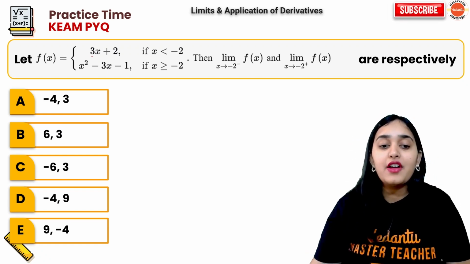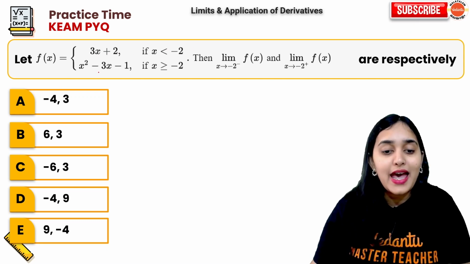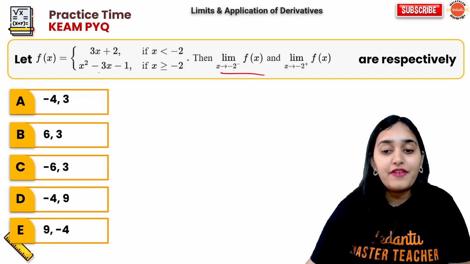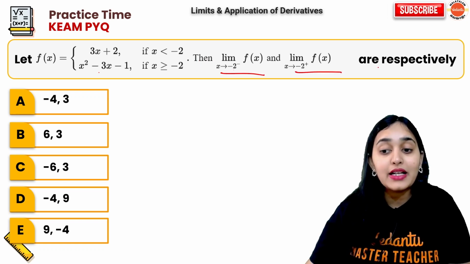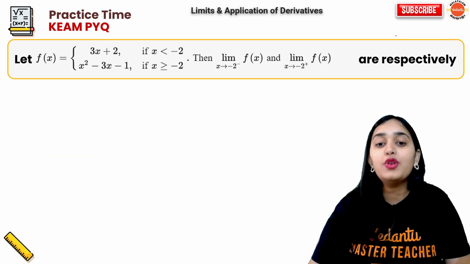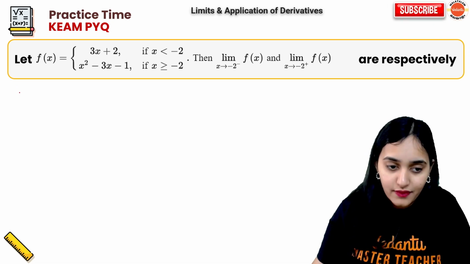Okay. Next, another type of question that you can get. Suppose our function is 3x plus 2 for x less than minus 2 and this for x greater than or equal to minus 2. Then the left hand limit and right hand limit are respectively dash. How do you find out the left hand and right hand limit? Note down carefully.